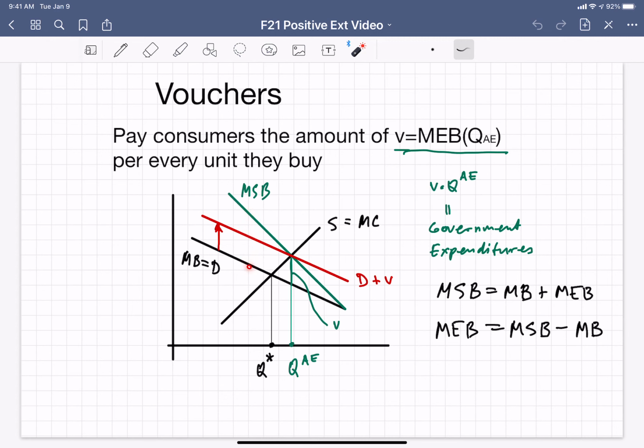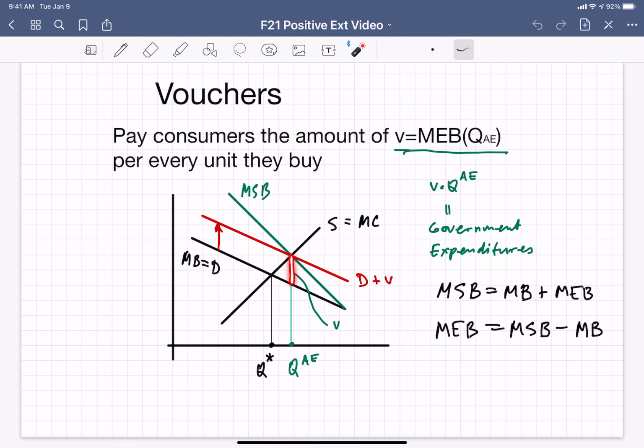So at any level of output, you can measure your marginal external benefit just by looking at the difference between MSB and MB at that particular quantity. To figure out what the voucher is per one unit, you just need to measure the distance between MSB and MB exactly at the point of allocative efficiency.